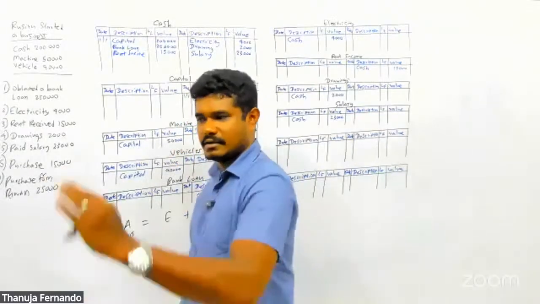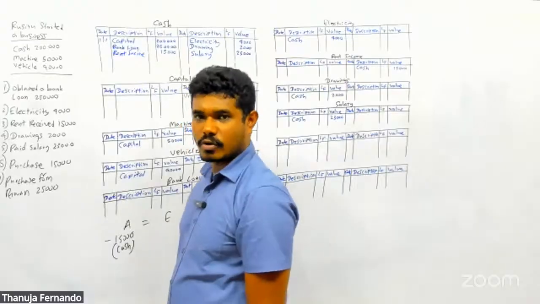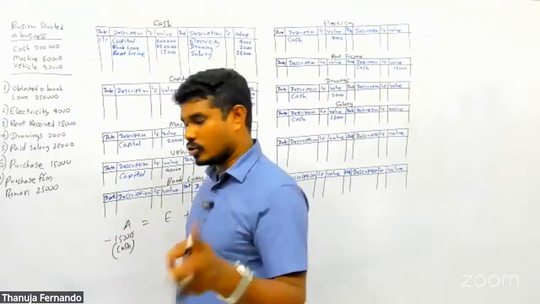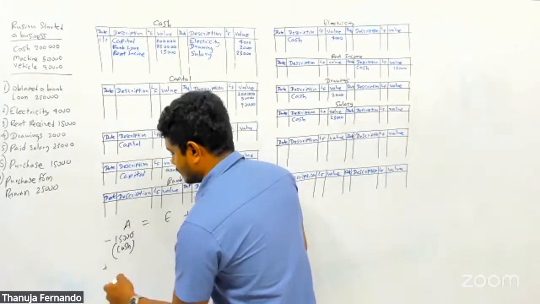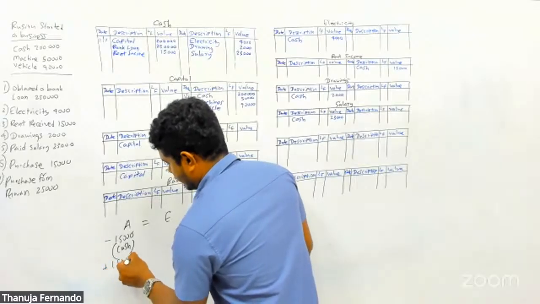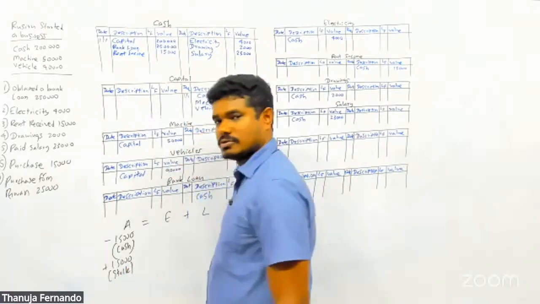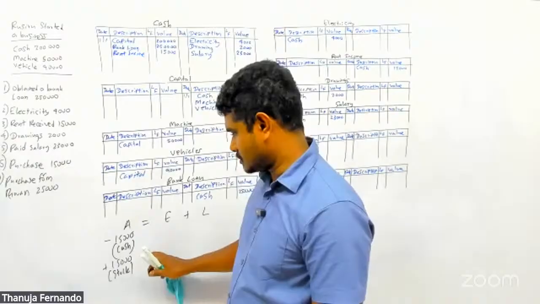On the other hand, instead of that 15,000, we take 15,000 worth of stock. That stock is also an asset. So both are assets. So we record both cash and stocks under the assets, on the same side. These are dual impacts. This is how we record the purchase in the accounting equation.